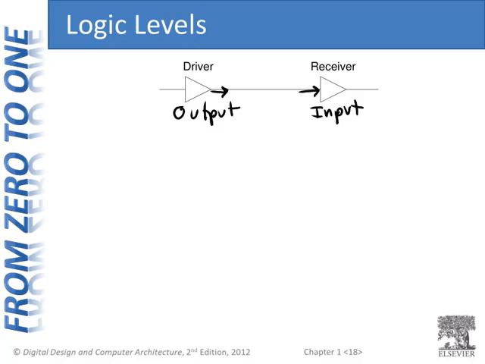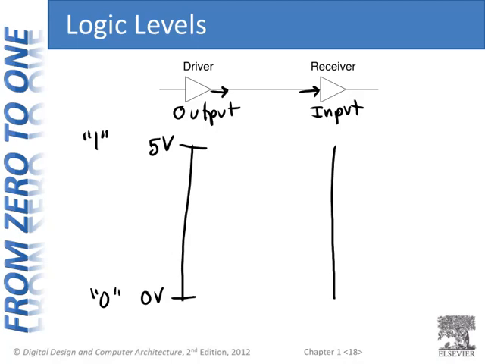So let's take a look at this. Our driver, ideally, is high voltage. It's 1. Let's say we're in a 5-volt system, so we'll use 5 volts, and 0 is at 0 volts. So here's our ideal system. Our driver outputs 5 volts. It gets to the receiver, and it's all good.